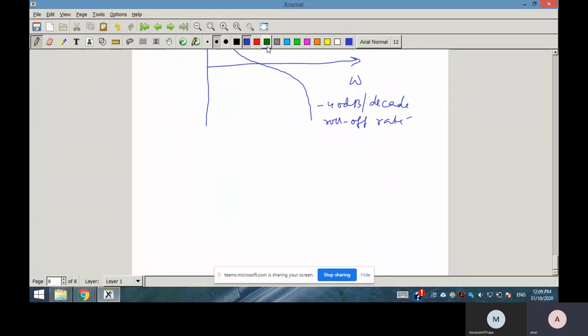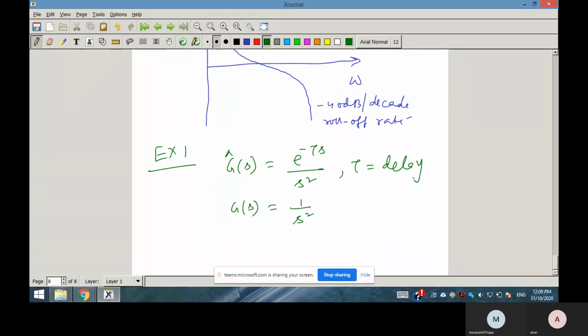Example 1: suppose the true plant G hat is e to the power of minus tau s divided by s square, but when designing the controller, G s neglects this delay, where tau is the delay.